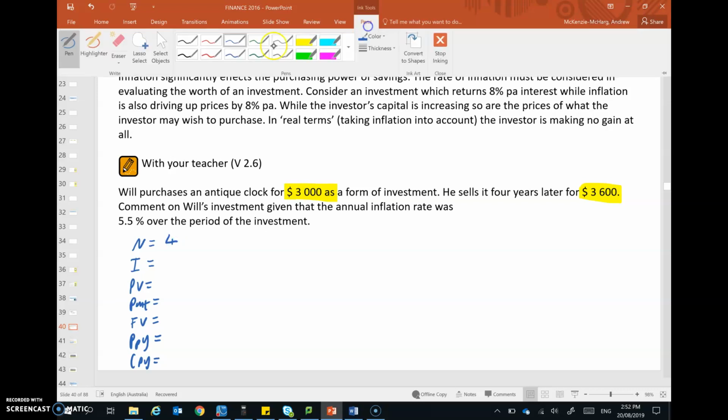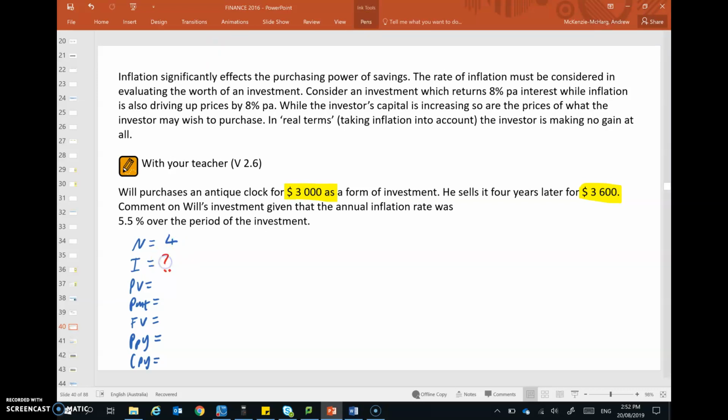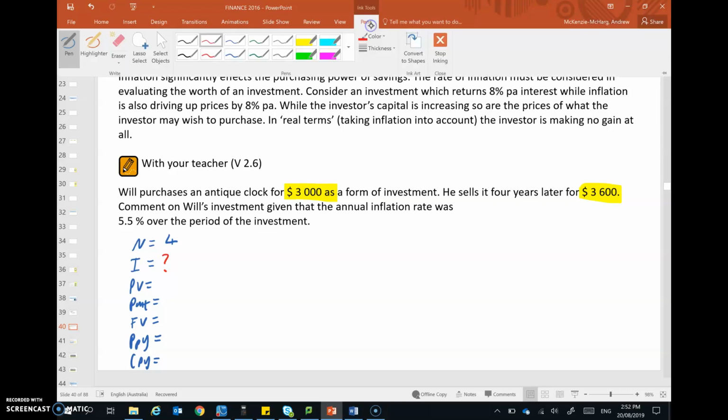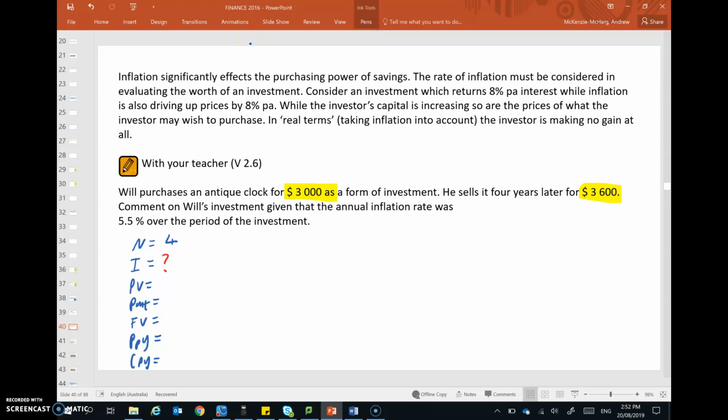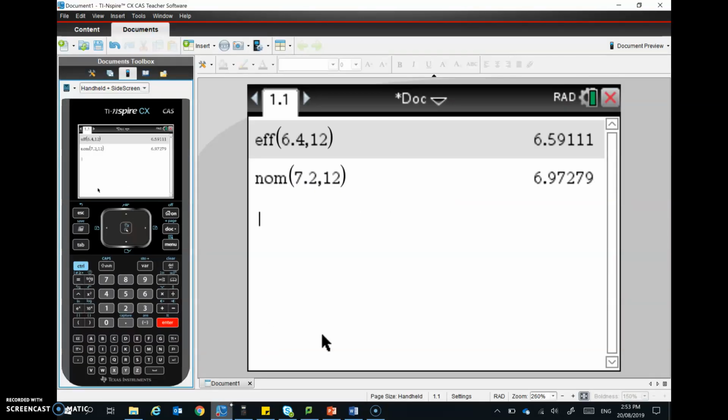We're going to try and find his rate of return, so we don't know that one, the I value. Present value, he paid $3,000 for the clock, so negative $3,000 because it's money out of pocket. No regular payments here or anything. The future value, he sells it for $3,600, and it's only annual compounding here, so we just put ones there for PPY and CPY.